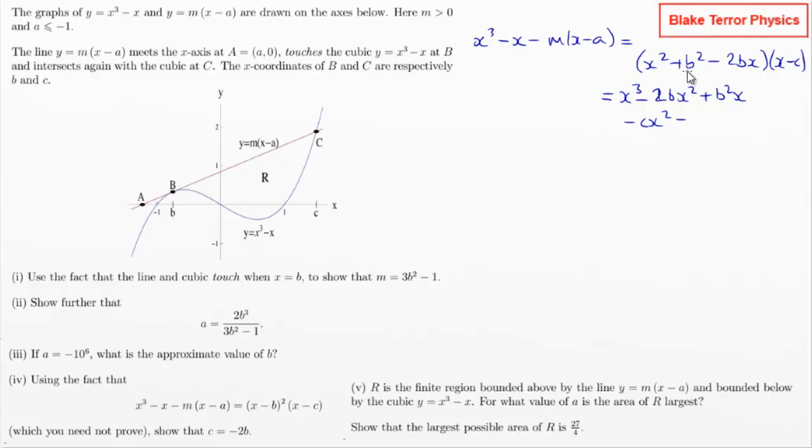I'm trying to put them in order, that's why I'm not just going x squared, b squared, and then 2bx. I'm trying to get them in coefficient power of x order. So plus 2bcx, and then minus cb squared. So that's our x cubed minus x minus mx minus a.